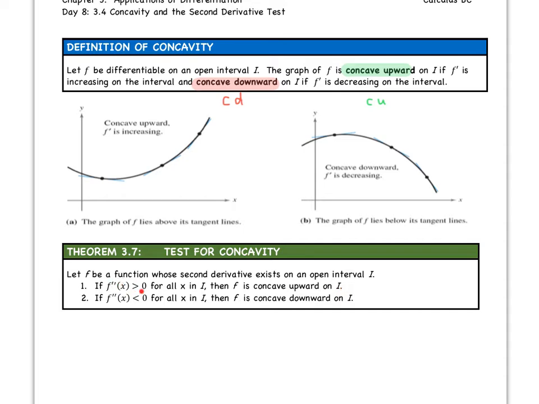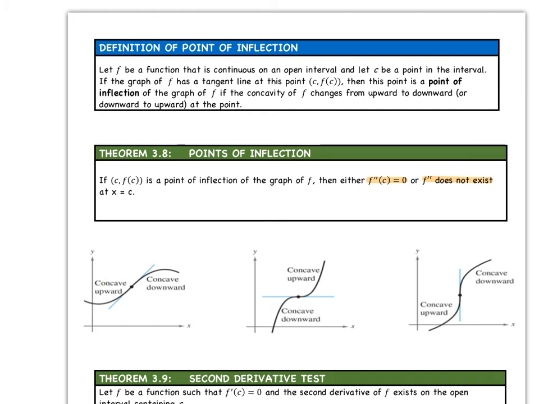So f double prime positive, concave up. If f double prime is negative on the interval, we are concave downward. We'll go through an example of how we figure this out.